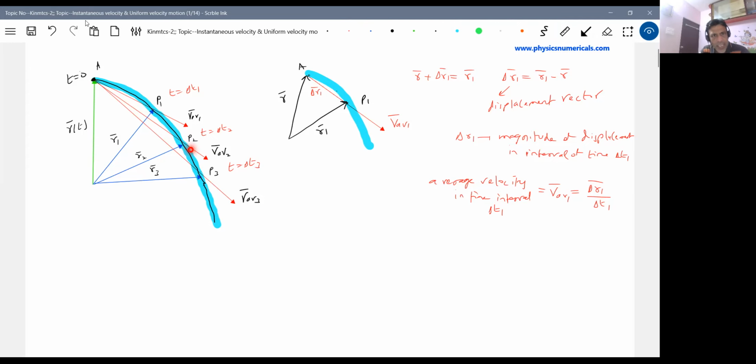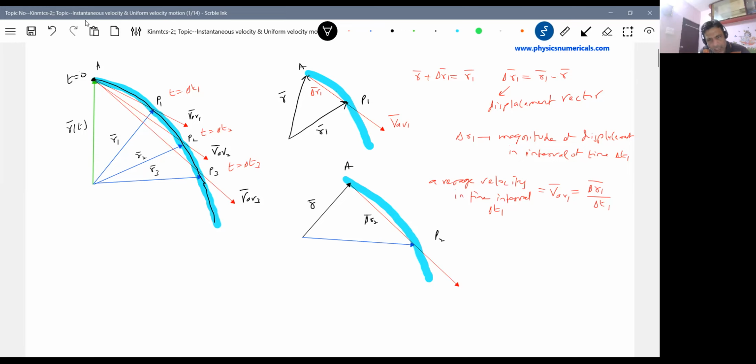Okay, now come for this one. In interval of time delta T2, how much displacement does the particle have? Delta R2. One more diagram. Delta R. Okay, now this will be the position vector R bar at point A. This is P2.